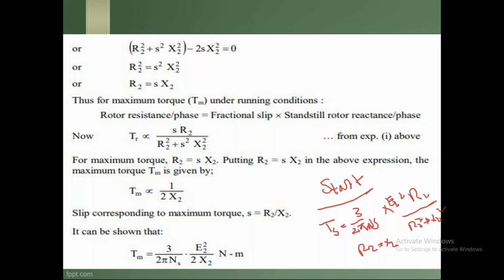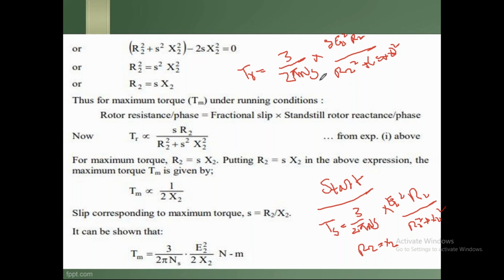Now let me write the running condition. The torque at running condition is equal to 3 divided by 2 pi ns into S E2 square R2 divided by R2 square plus SX2 square.